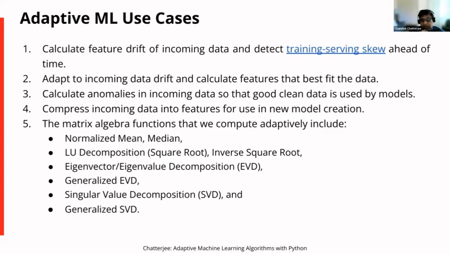And then we find an efficient algorithm to compute those matrix functions. So those are the 3 steps that we follow in this book. So take a real world problem, like calculate feature drift, or calculate incoming data drift, or calculate anomalies, compress the data. Compressing the data can be easily converted into eigenvector decomposition or eigenvector projection. And then we find an adaptive algorithm for eigenvector. So that's the idea of this dissertation.